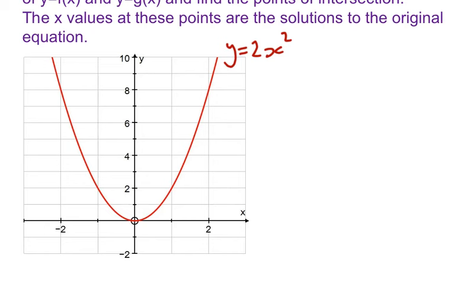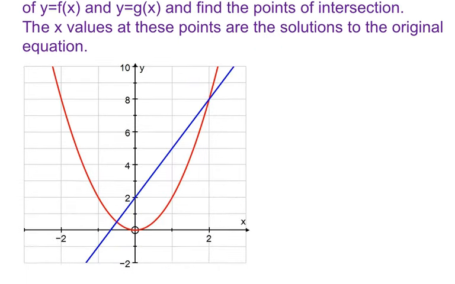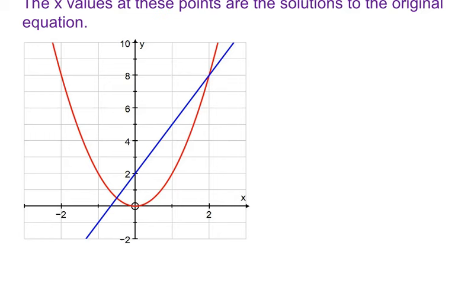Now we need to plot the second of the equations, which was y equals 3x plus 2. And when we plot that on our graphics calculator, we get this result. And now we are looking for the points of intersection of these two graphs.